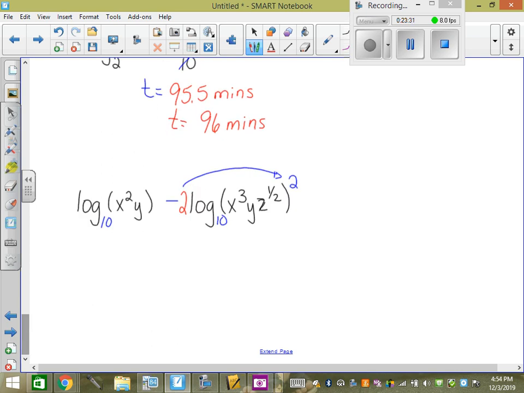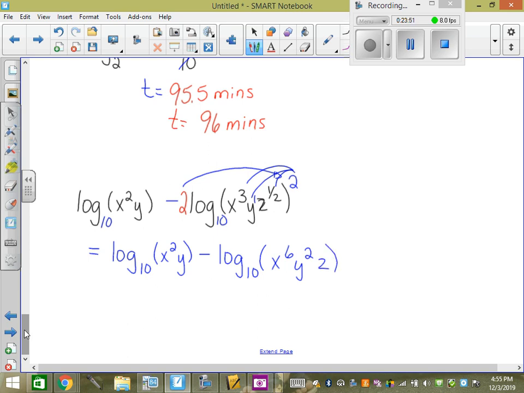So I'm going to get log base 10 of x squared y minus log base 10. And then I distribute that 2 into each of those things. So 3 times 2, x to the 6, y to the 1 times 2, y to the 2, z to the half times 2 is just z. And now they actually have the same base, which is going to put me together, and I have a plus 1 and a minus 1.